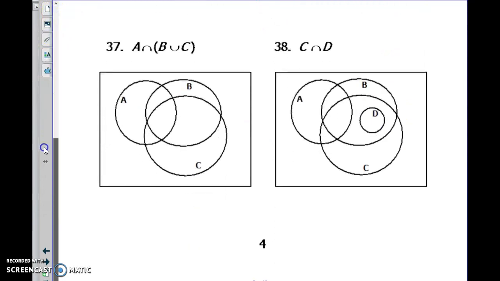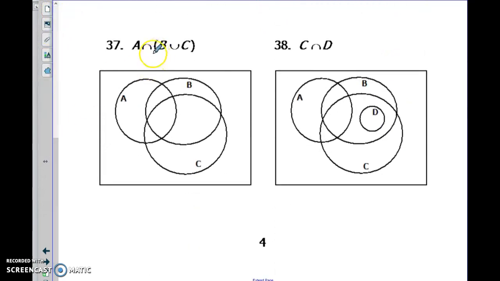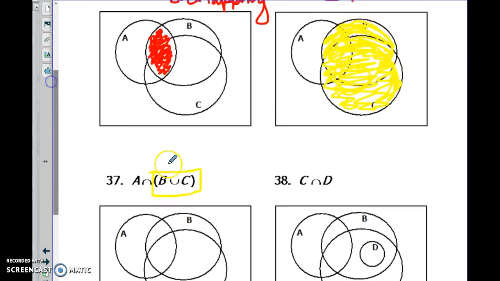Okay, let's go ahead and try 37 and 38. We want to first look at B union C. So, okay, we're thinking about this problem right here. We're thinking about all of that yellow.